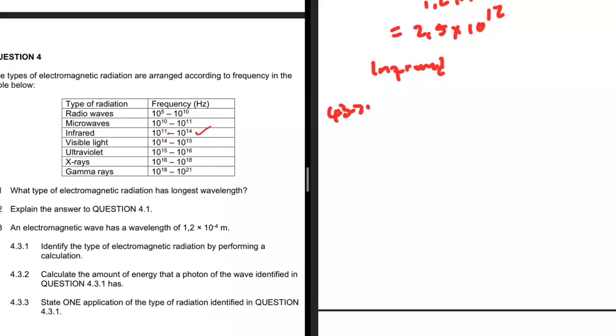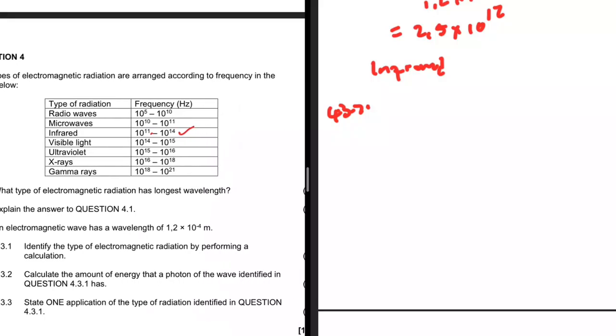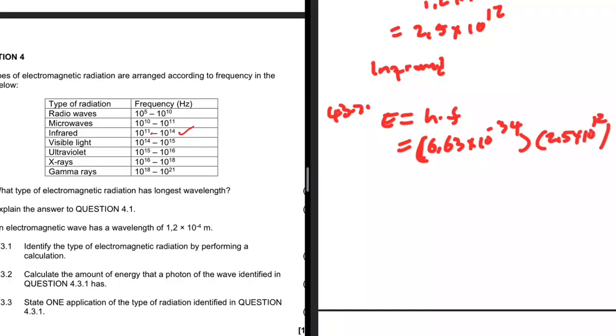4.3.2, calculate the amount of energy that a photon of the wave identified in question 4.3.1 has. So the energy is equals to Planck's constant multiplied by the frequency. So we're going to have, that is a constant, so it's just 6.63 times 10 to the minus 34 multiplied by 2.5 times 10 to the power 12.